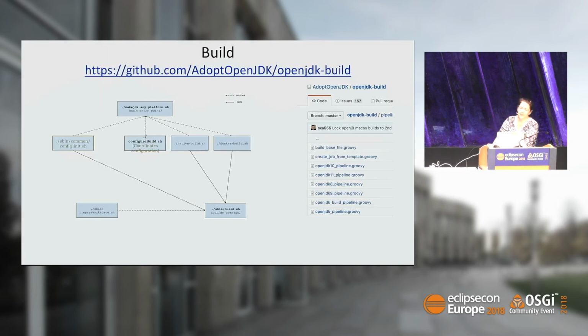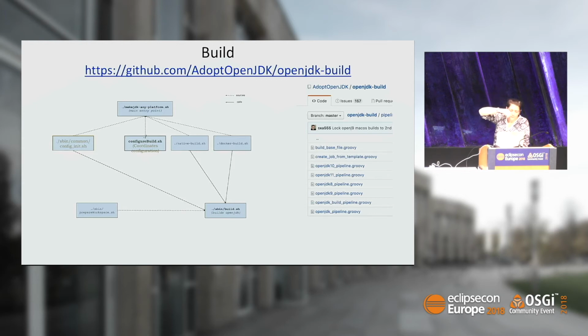All right, so build, I just want to make sure everyone knows where at least the starting point is to where all of these things live. If you have questions about how things are built, that's your repo that you want to go to. The high-level view, you can't really read it, but the whole point here is there's a top-level entry point which says, make JDK any platform, that then goes through and calls a configuration phase.